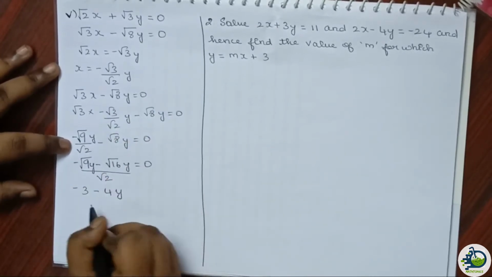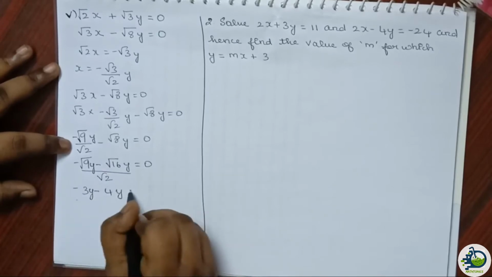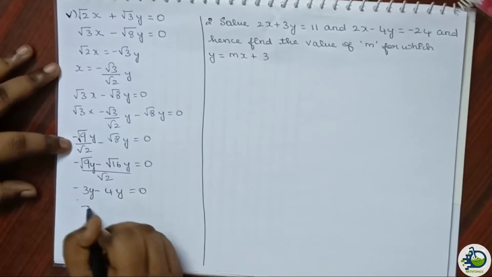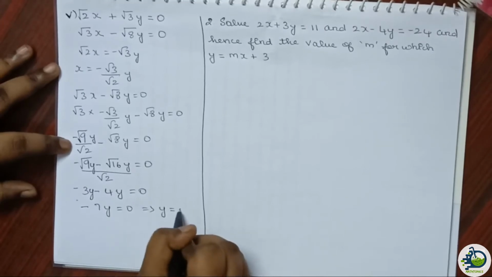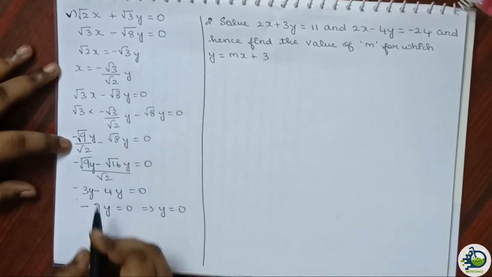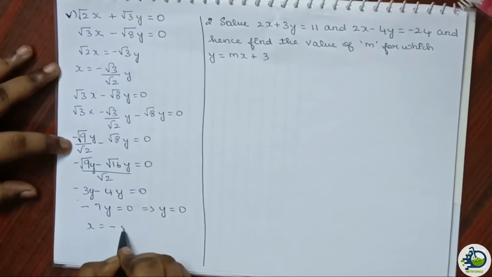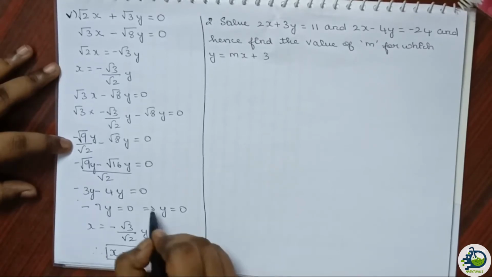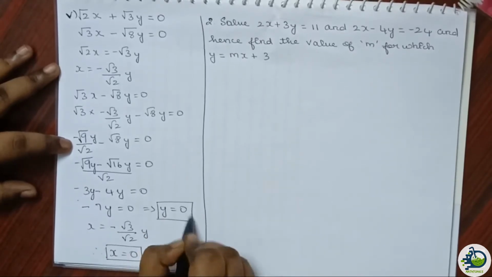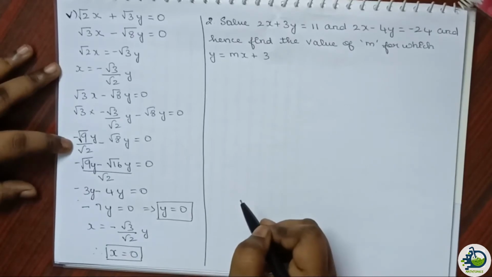Sorry, I have left the y here. Minus 3y minus 4y equal to 0. So minus 7y will be equal to 0, which implies y is equal to 0. Here we know x is equal to minus root 3 by root 2 y. Since we are getting y as 0, therefore x is also equal to 0. So x equal to 0 and y equal to 0 are the solutions for this equation.